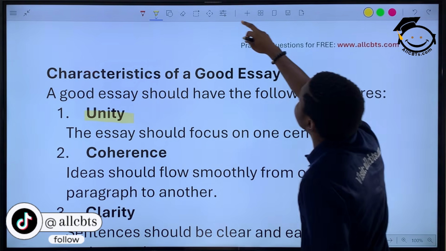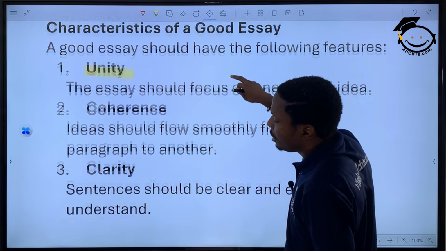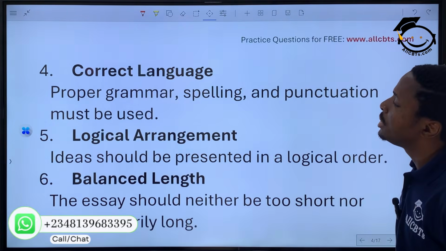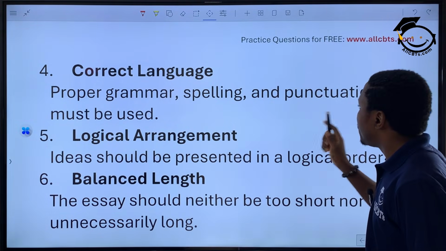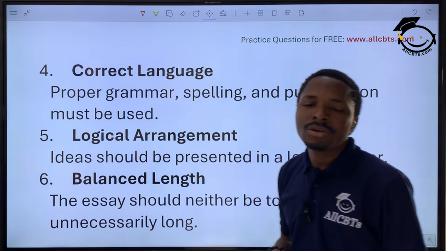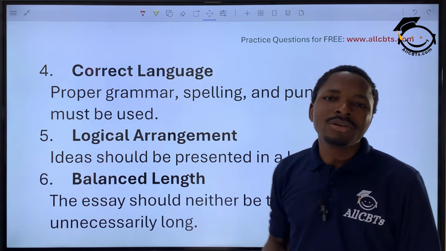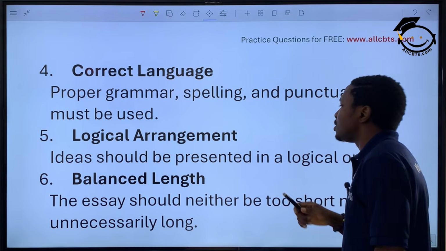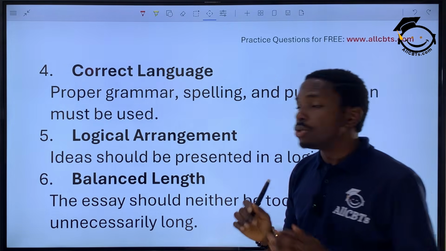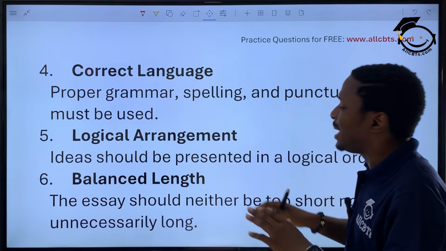And then, what else? You should have correct language, proper grammatical structure, spelling, punctuation, connectors, conjunctions. Those things have to be used. And then logical arrangement. So present your ideas in a logical way. Then balanced length.